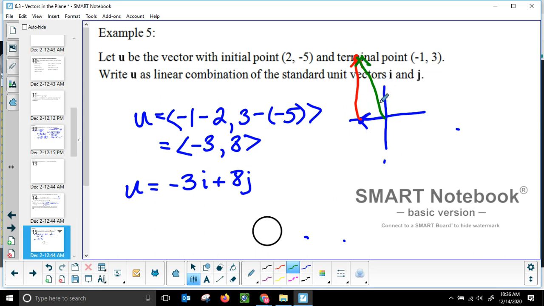All right, this is actually my vector u, and these are my two components of vector u, right? So this would be the negative 3i part, this would be the plus 8j part, and then this green piece here is just the whole vector u, okay? So when they call it a linear combination, that's what they mean, right? Literally two lines being added together, which is just a linear combination.